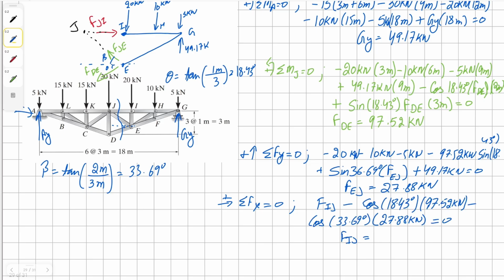Solving for IJ, we get our solution as 115.72 kilonewton. Now we can continue to solve for JD.